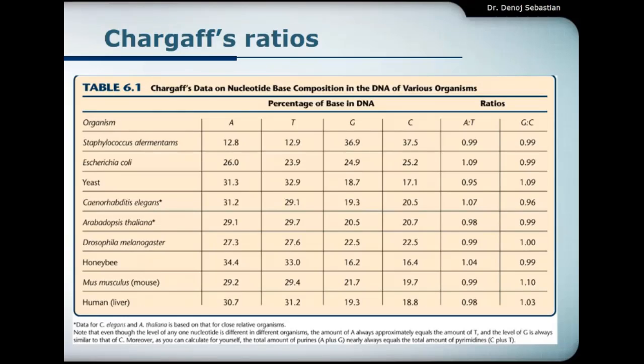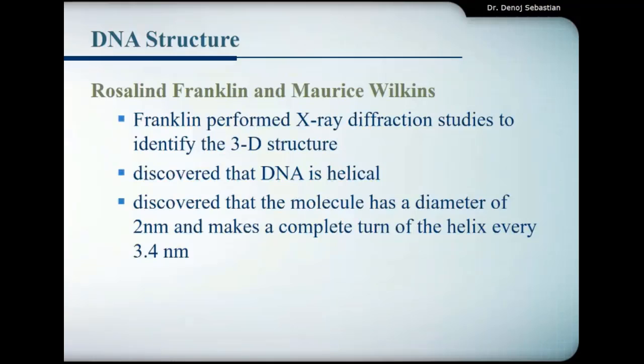Each organism will have its own unique range of GC content. Okay. Now, the next experiment that we discussed is about the discoveries of Rosalind Franklin and Maurice Wilkins. And they conducted the X-ray diffraction studies on the DNA structure, and they discovered that DNA is a helical structure.